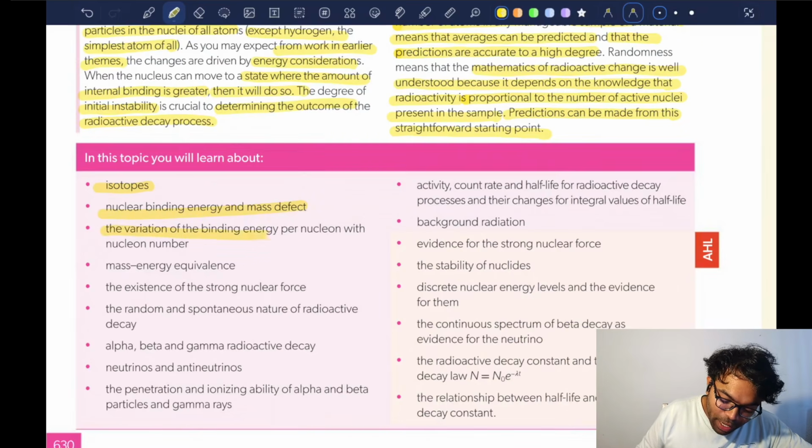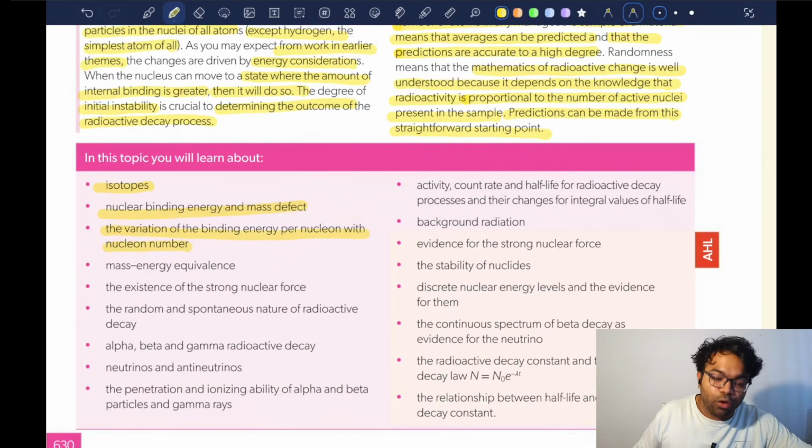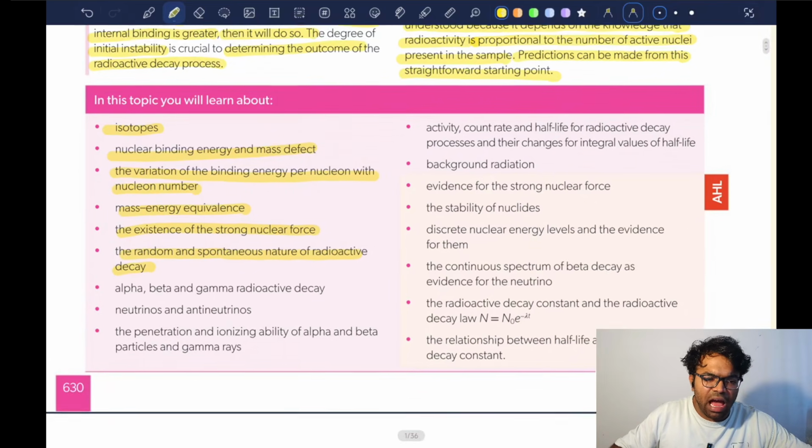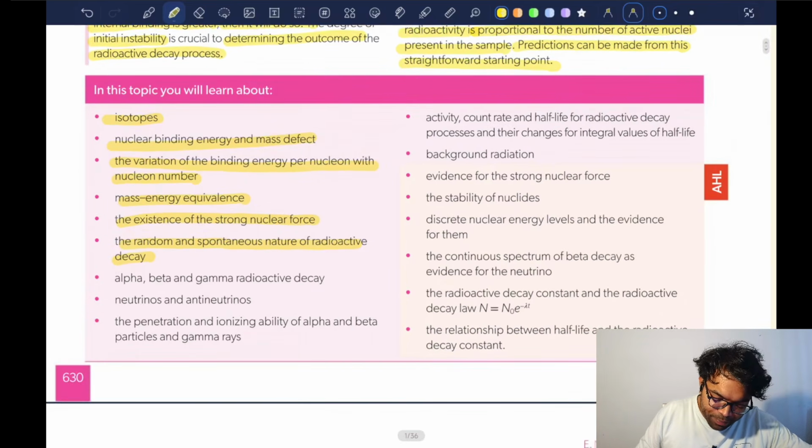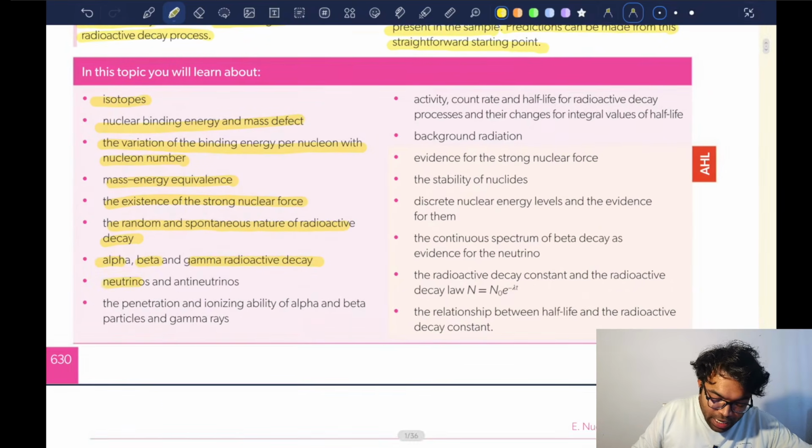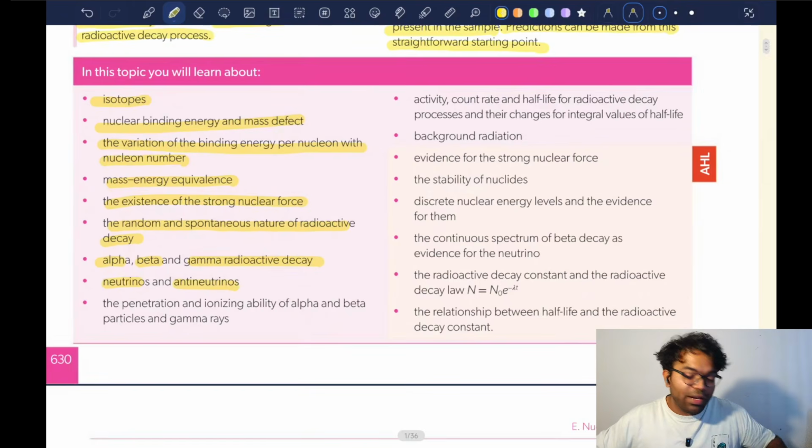The variation of binding energy per nucleon with nucleon number. Very good. Mass-energy equivalence, the existence of strong nuclear force, the random and spontaneous nature of radioactive decay. Again, a truly amazing topic. Alpha, beta, and gamma radioactive decay. Neutrinos and anti-neutrinos. This is something even I haven't learned. Before this video, I have to become a master in this chapter.